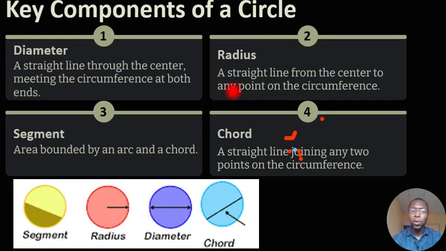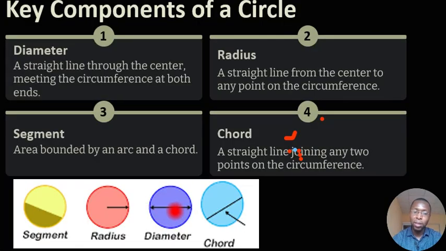Another component of a circle is the radius. A radius of a circle is a straight line as well, but in this case, from the center to any point on the circumference. Okay, so this is a radius here. However, a diameter starts from one end of the circumference, passes through the center, and reaches the other end.